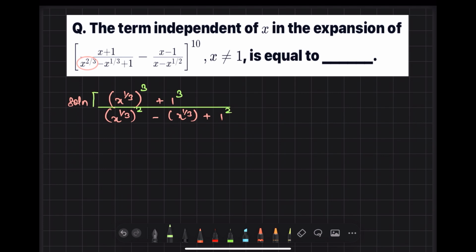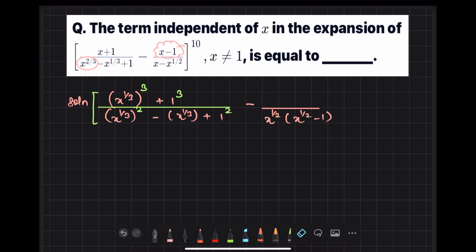Okay, I feel that you guys are comfortable with the first element. Now observe your second element. So in the second element, just observe the denominator first. If you observe the denominator, we can take x power 1 by 2 common. So can we write x power 1 by 2 minus 1? Okay, same way you can manipulate the numerator.